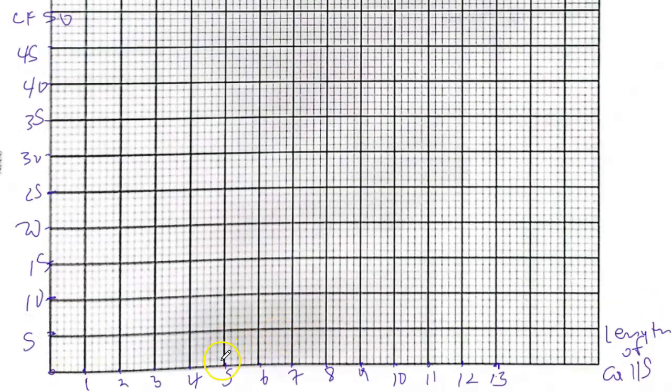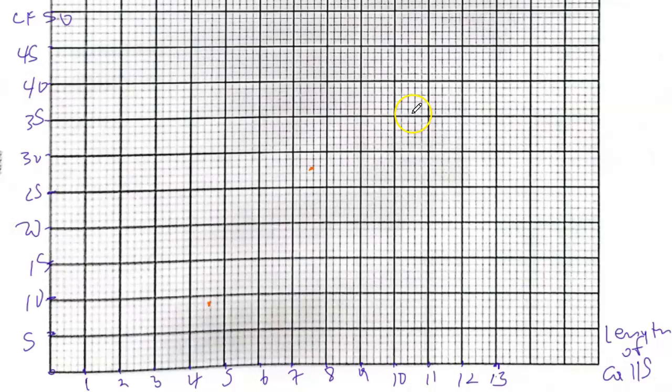So our first point, 4.5 to 9, that's midway between 4 and 5, and 9 is one thin line below 10. Next, 7.5 to 28, so midway between 7 and 8, and we'll go up to 28, two thin lines below the 30. Next, 10.5 to 43.